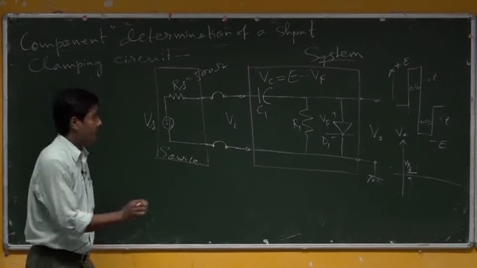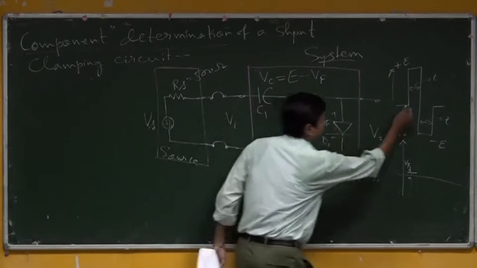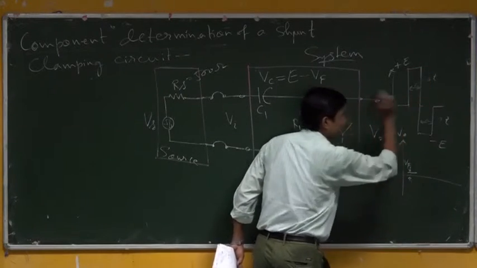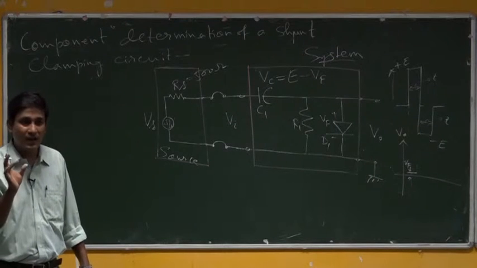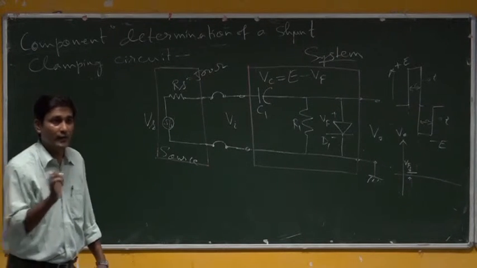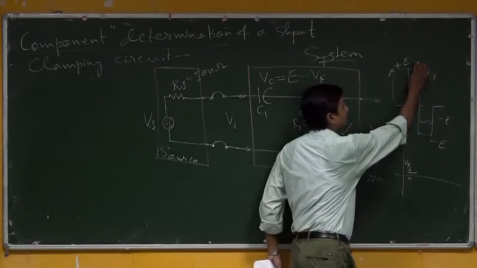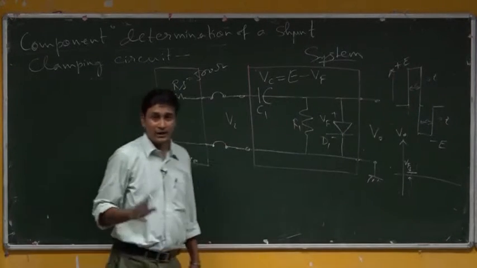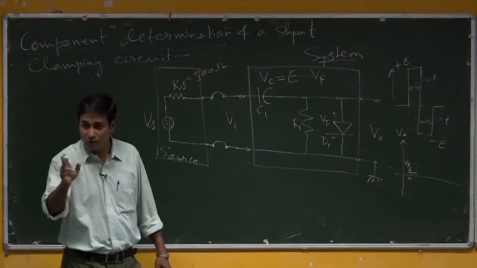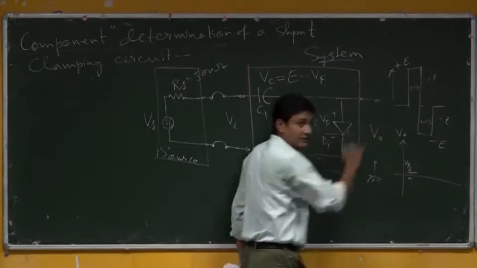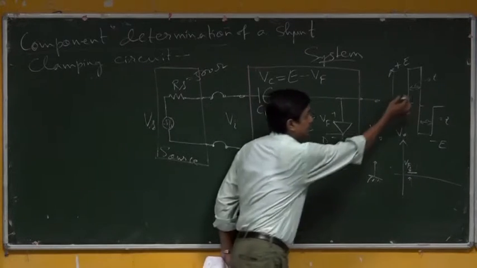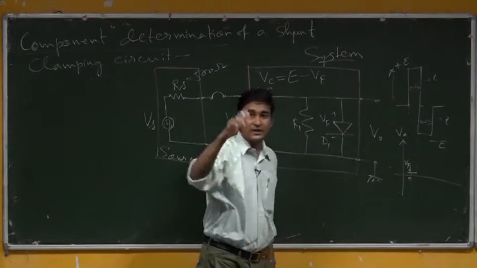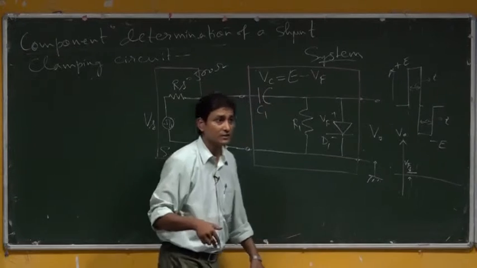So if your potential is applied for this particular time, what is your guess of how much the C1 value should be, so that you guarantee your potential will reach up to this point, at least within this T? Because after this time, the capacitor will try to discharge.